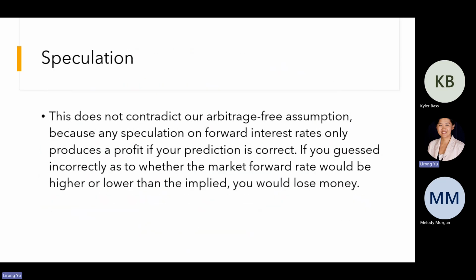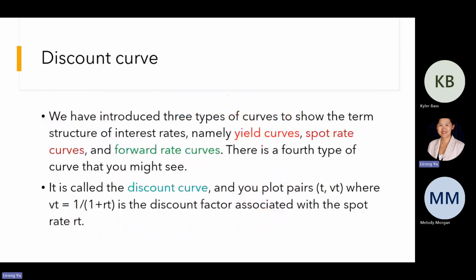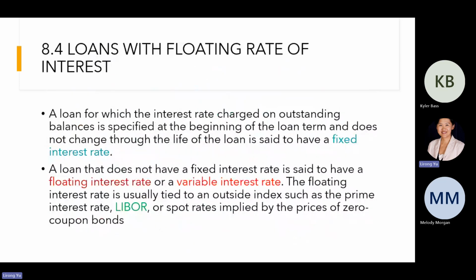We went through those, and then we went on all the way to 8.4 about loans with floating interest rates. Floating rate means that you're not going to have a constant interest rate. Therefore, the interest rate at any given time depends on the market interest rate.